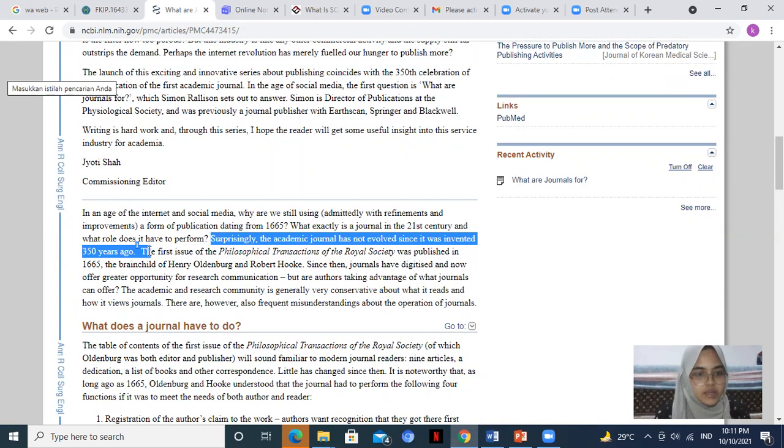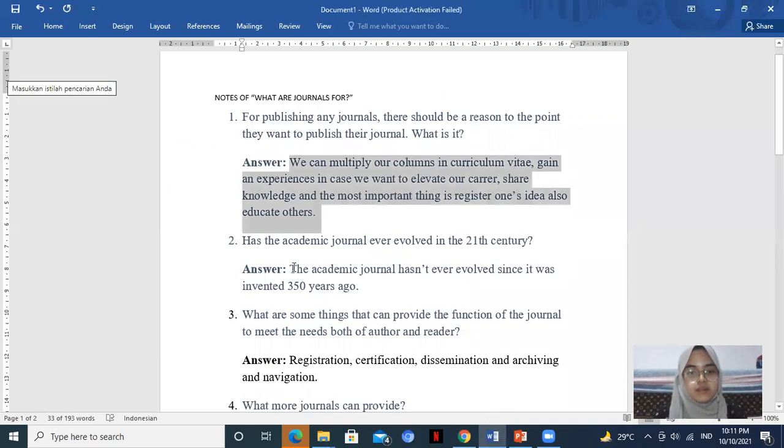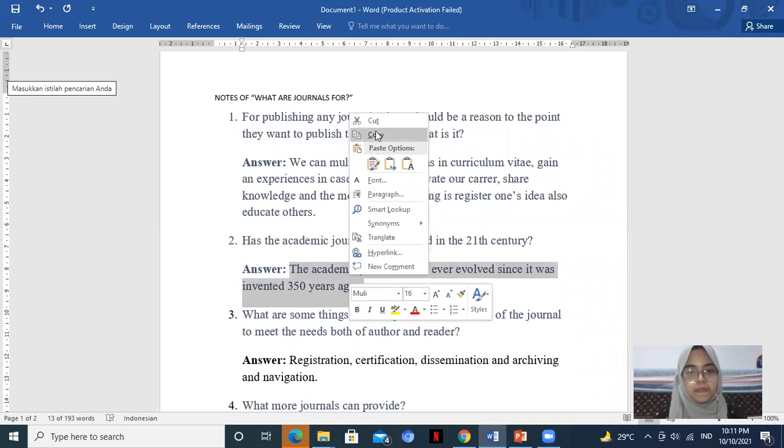Line 3 to line 4. Surprisingly, the academic journal has not evolved since it was invented 350 years ago. So I answer it in my words here.